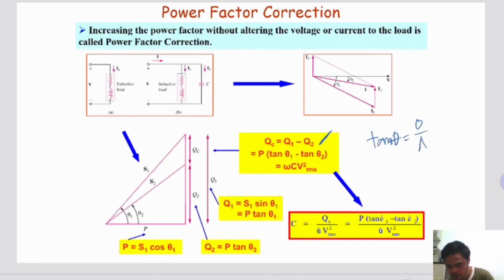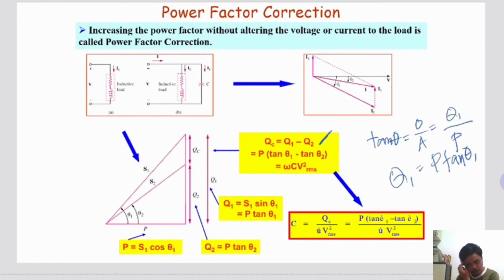And our opposite is your Q1, your adjacent is your power. Therefore, our Q1 is P tangent theta 1. Okay, the same for theta 2 or Q2.